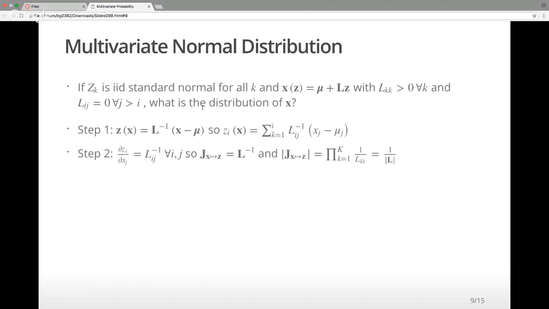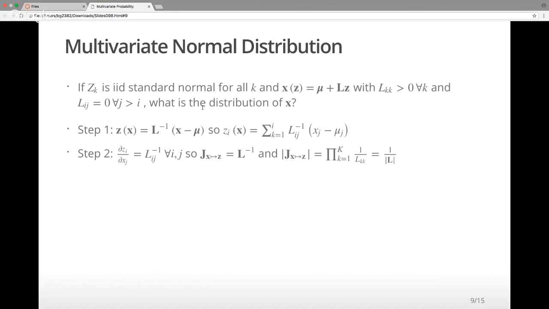We can see from this expression that the partial derivative of Z_i with respect to x_j is just going to be the ij element of L inverse, and that is true for all i and all j. Consequently, the Jacobian of the transformation from X to Z is also going to be L inverse. So L inverse contains the partial derivatives of Z_i with respect to x_j in its ij element.